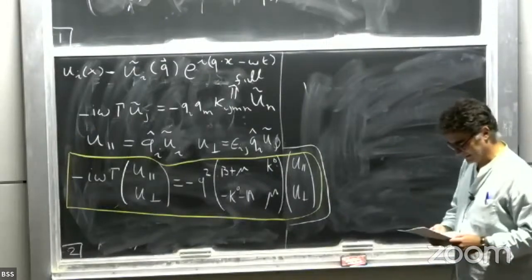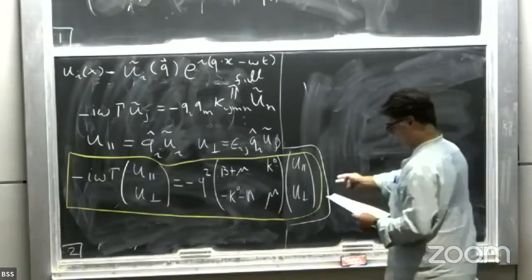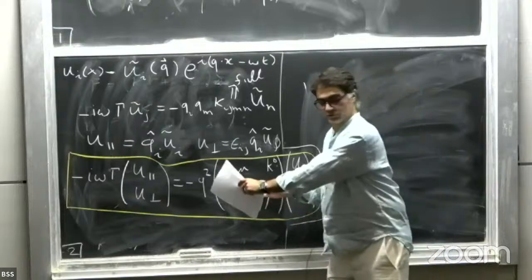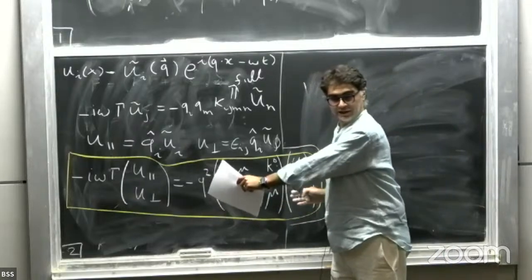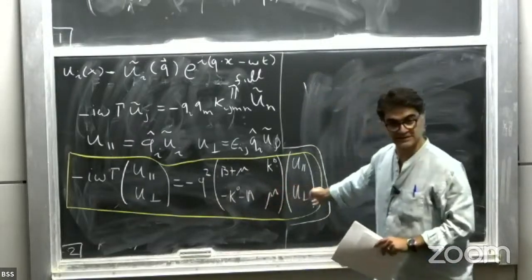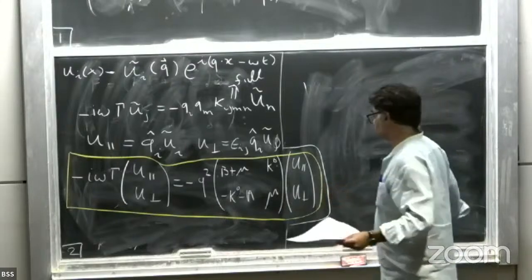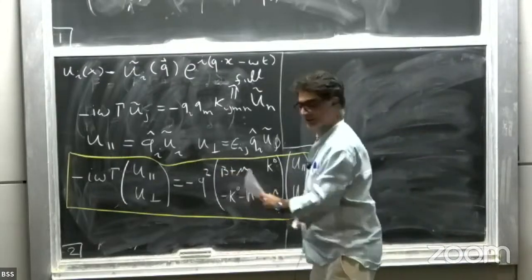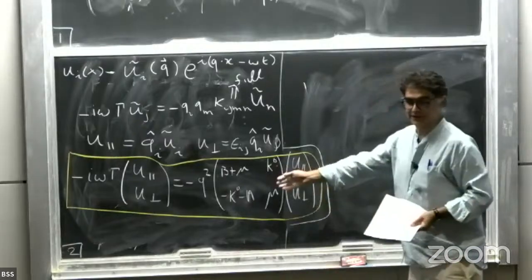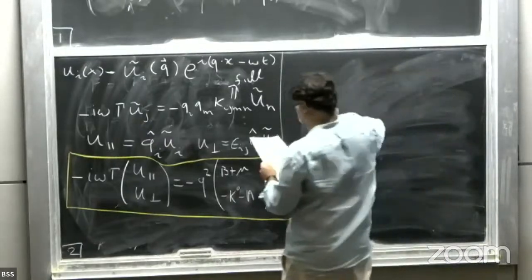So now we have this object. This object is still not what we would like to have. What we would like to have is the normal modes or the eigenvalues of this system. But again, you can just solve it. It's a 2x2 thing, so you put it in Mathematica, or you do it by hand.